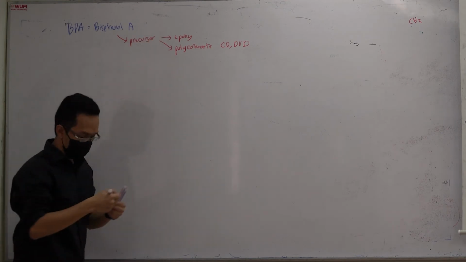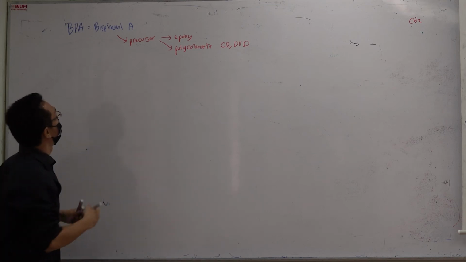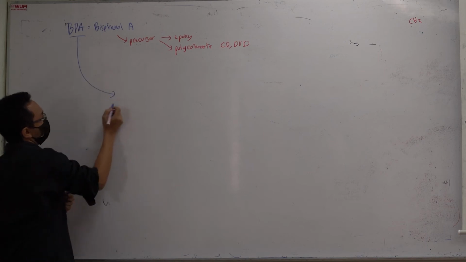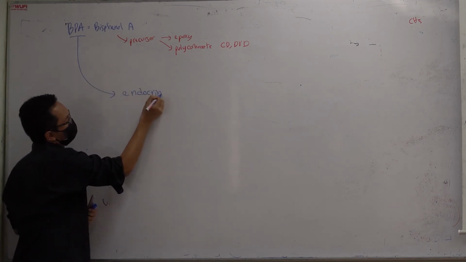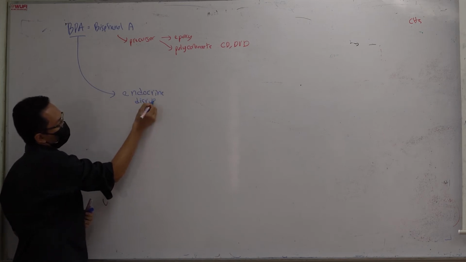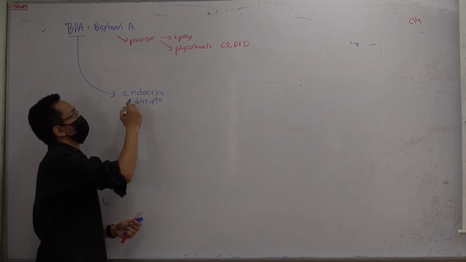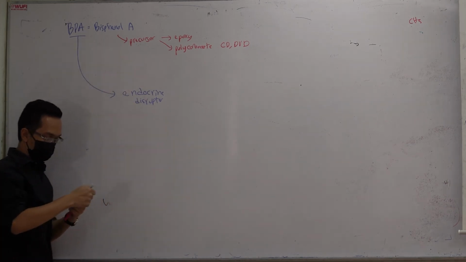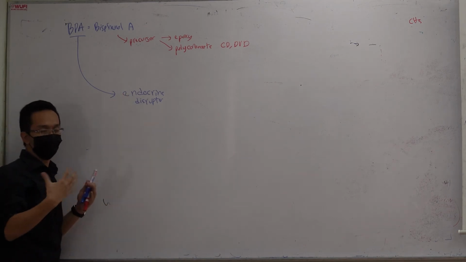But BPA is quite what we call, people call it an endocrine disruptor. What does it mean is that the BPA itself can mimic the hormone inside your body. Endocrine means the hormone system in your body.